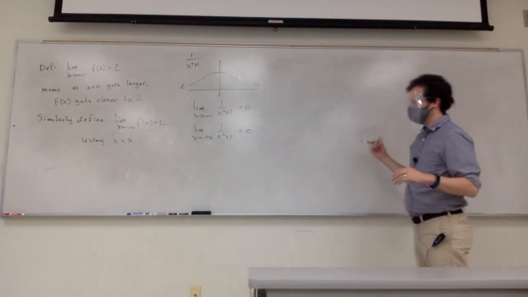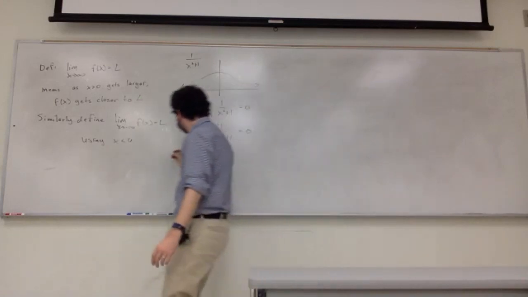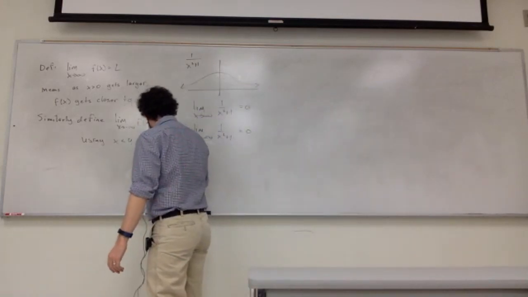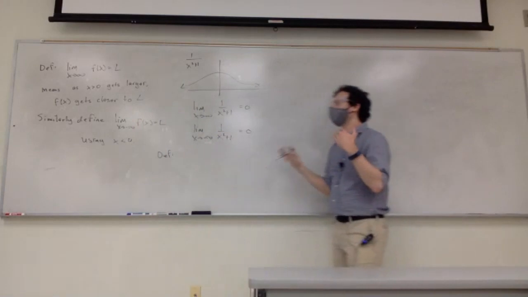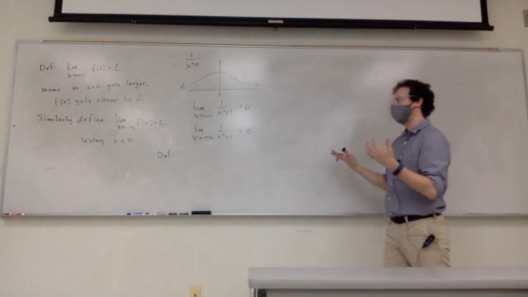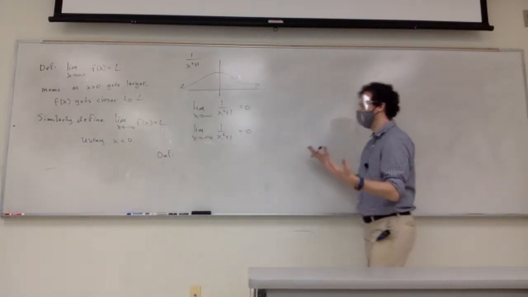So really, horizontal asymptotes are some kind of limit quantity.